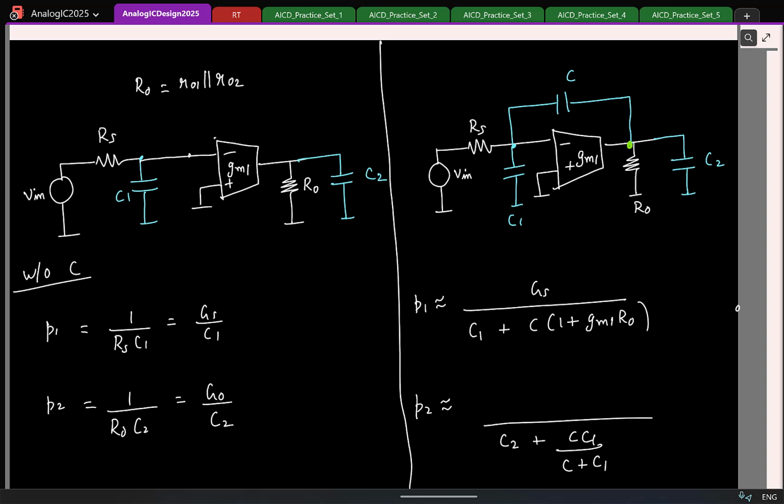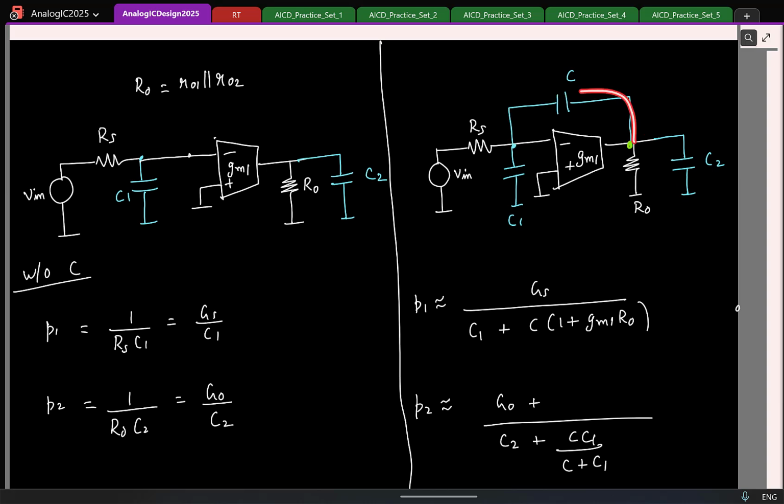Similarly, what can you say about the conductance here? What is the conductance at this node? I definitely have this R0. That will result in a conductance of G0. Plus I have something in parallel. And who is contributing to the additional conductance here? gm1. Because as we saw, if I put it in feedback, the resistance is basically 1 by gm.